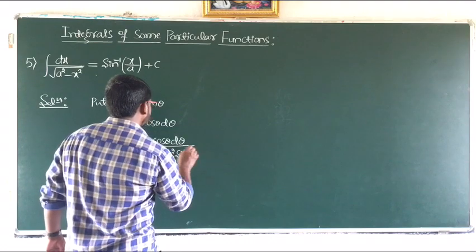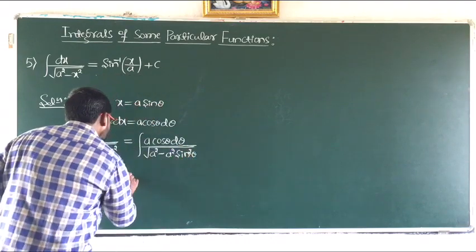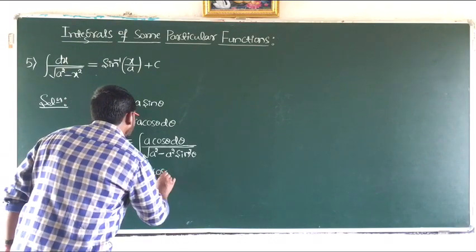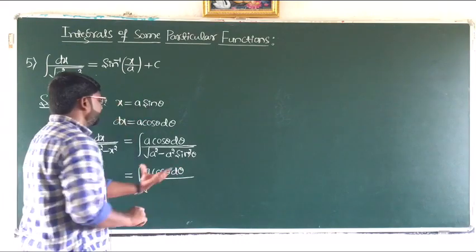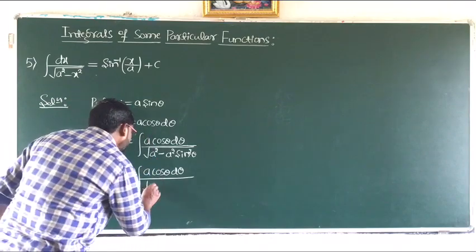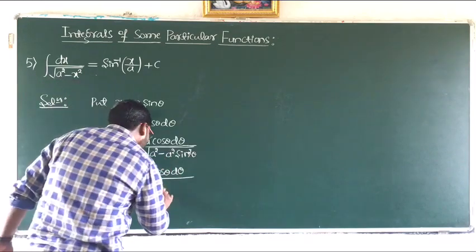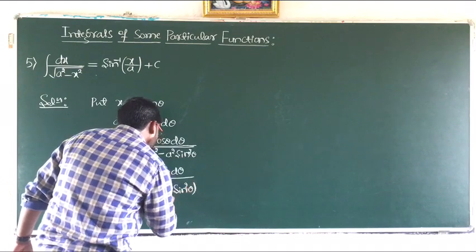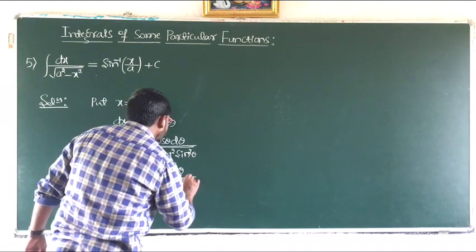So now, which is equal to integral, write the numerator as it is, a cos theta d theta divided by under root, in these two we can take a square common. So here I take a square common, we are left with 1 minus sine square theta.